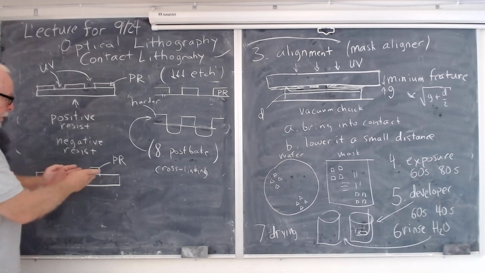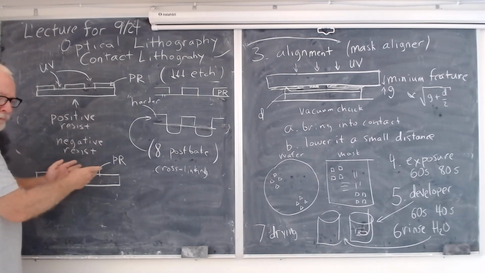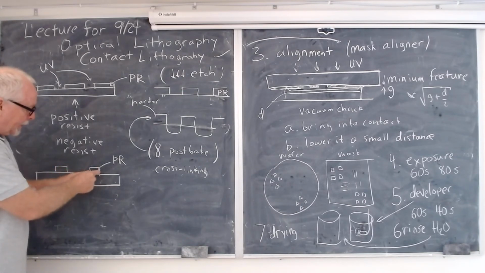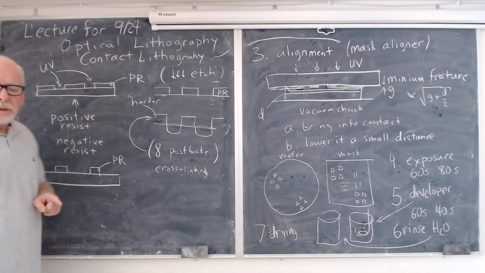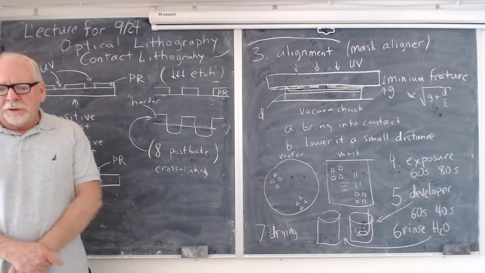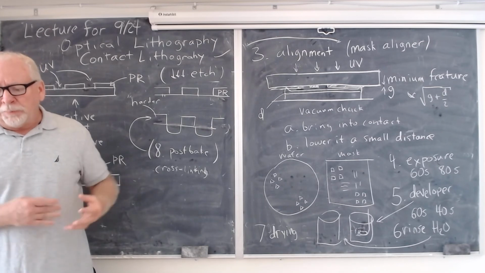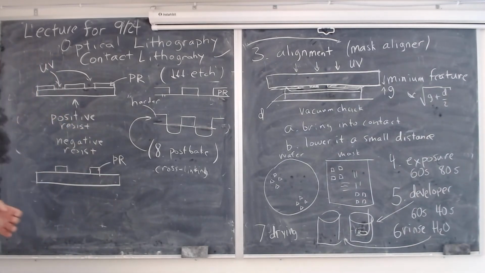Whereas with negative resist, if it develops laterally a little bit, it actually makes the photoresist feature smaller. It's sort of like that picture I showed on E-beam in the last lecture. With negative resist, you can employ that to give you finer features. So you can work with that a little bit.